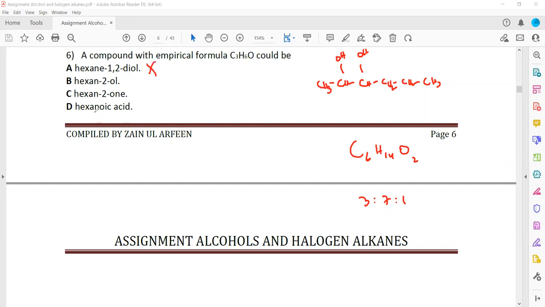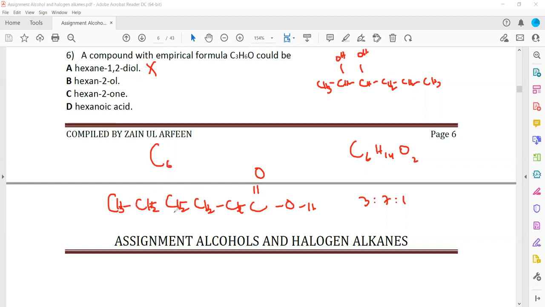When we check with hexanoic acid, hex means 6 carbon atoms. So the first one has 3 hydrogen, second 2 hydrogen, 2 hydrogen, and so on. So the total number of carbon atoms is 6 because of hex.